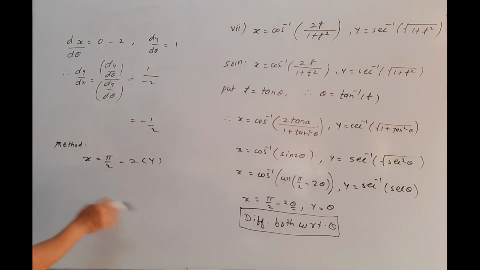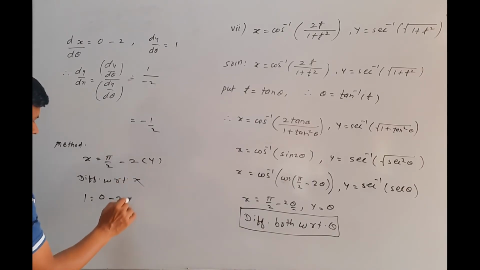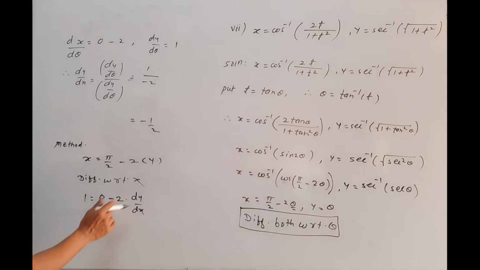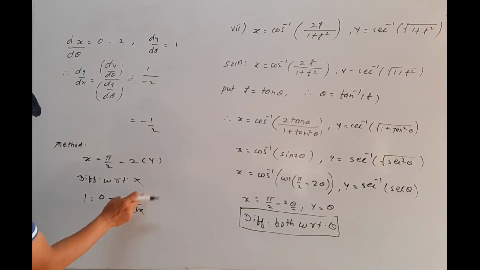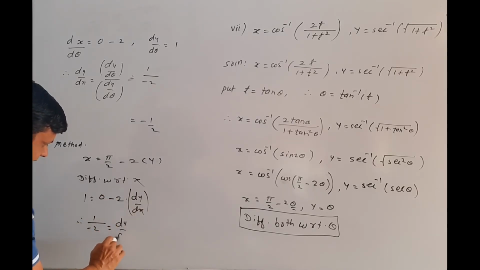Now instead of differentiating with respect to θ, differentiate with respect to x. We get the derivative of x with respect to x is 1. Derivative of π/2, which is a single constant, is 0. Minus 2 into the derivative of y with respect to x, which is dy/dx. Here we require dy/dx, so transfer this minus 2 to the left-hand side, and we get 1 upon minus 2 equals dy/dx.